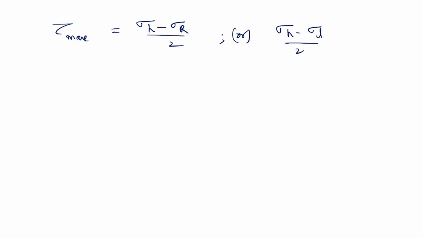Now, tau max can be written as sigma H minus sigma R by 2 or sigma H minus sigma L by 2. So at any point, if they are considering the whole 3D stresses, by default, you should take this.